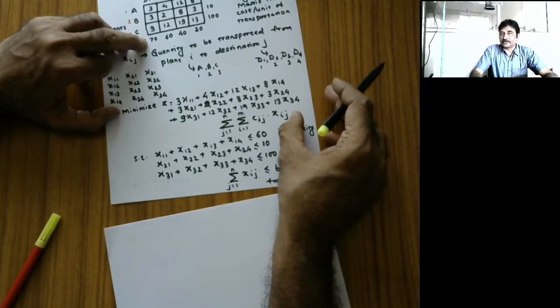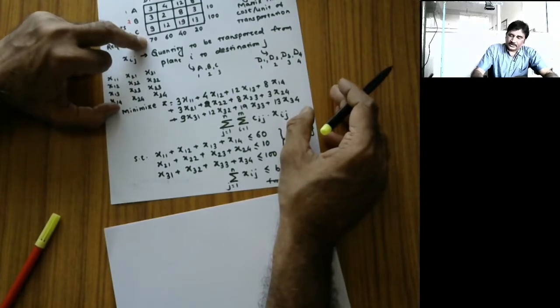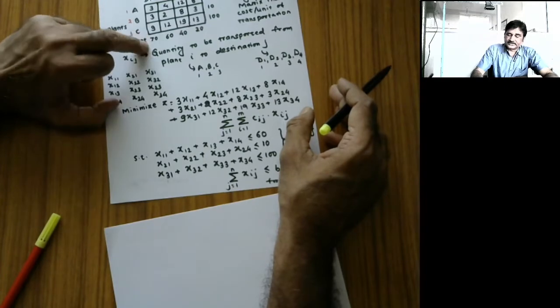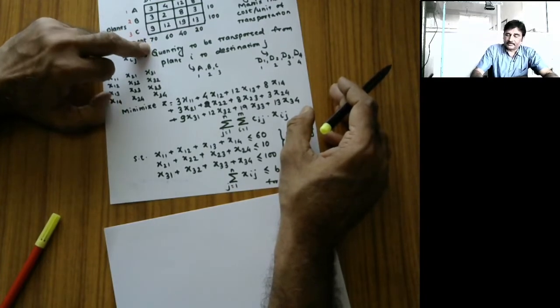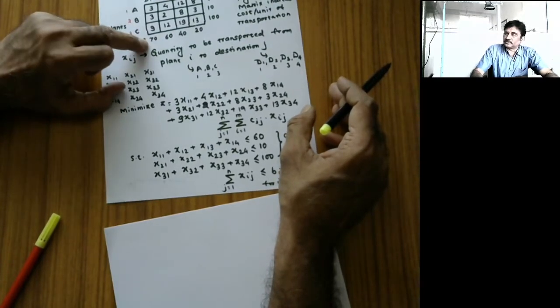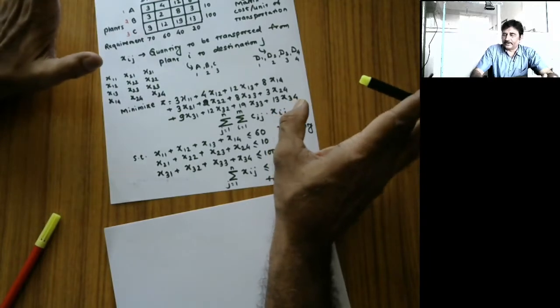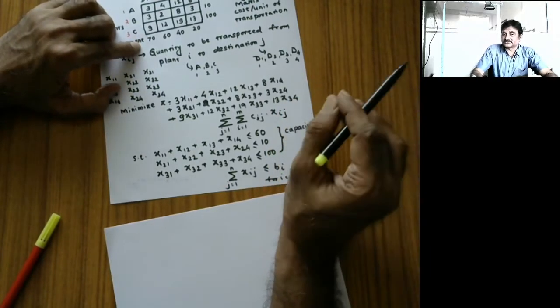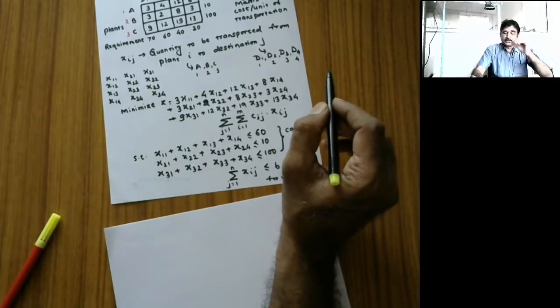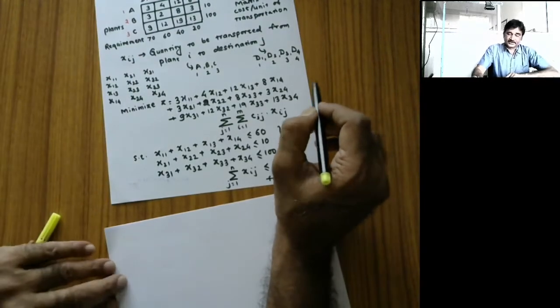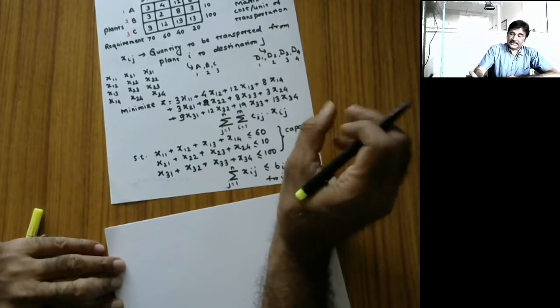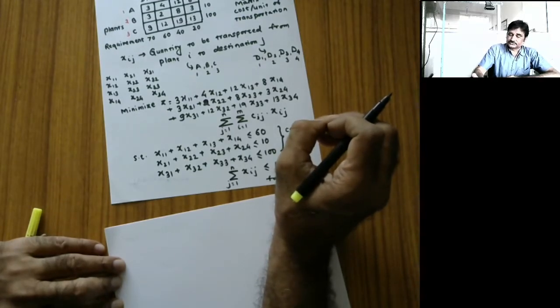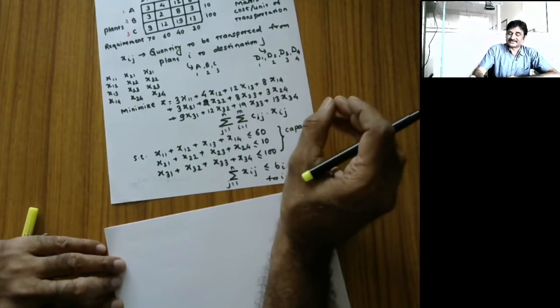Why greater than? Because whenever I talk about requirement, it is implied that this is a minimum. If D1 gets more than 70, that's fine for D1, but if it gets less than 70, D1 remains unsatisfied.